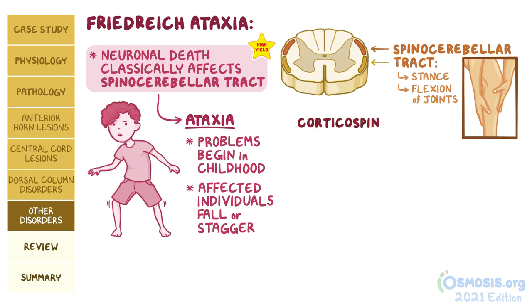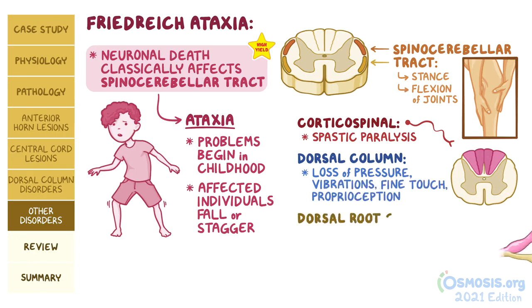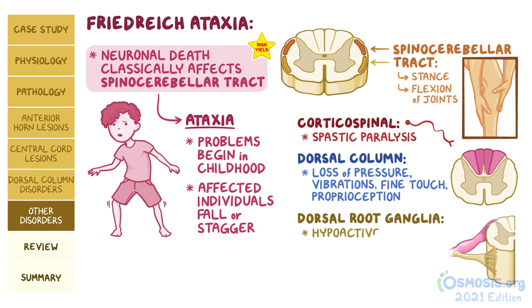If the corticospinal tracts are affected, we'll also have upper motor neuron signs like spastic paralysis. Likewise, dorsal column damage will lead to loss of the sensations of pressure, vibration, fine touch, and proprioception, while loss of neurons in the dorsal root ganglia will lead to hypoactive or absent deep tendon reflexes.